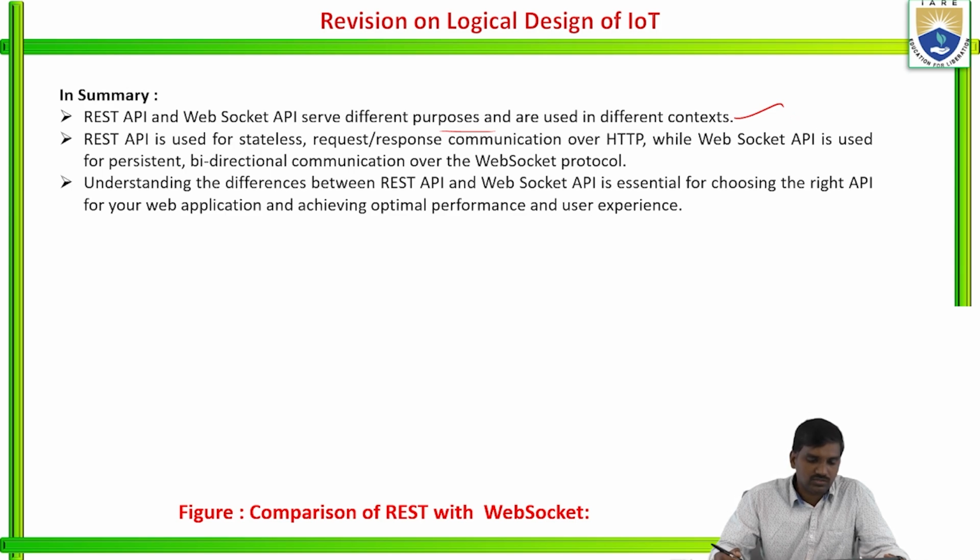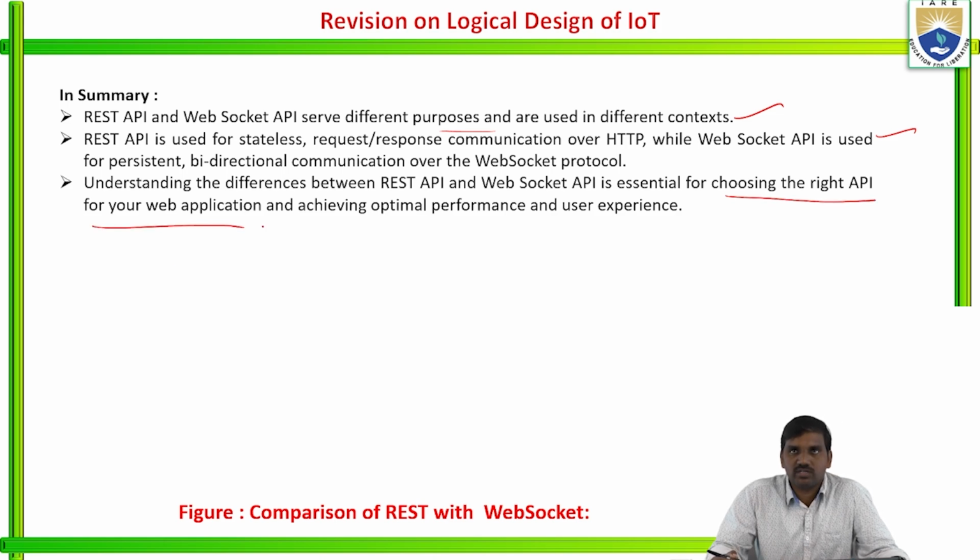REST API is used for stateless request-response communication, while WebSocket is a bidirectional communication model. Understanding the differences between REST API and WebSocket API is essential for choosing the right API for your web application and achieving optimal performance and user experience. These are the summary and conclusion points regarding REST API and WebSocket API.